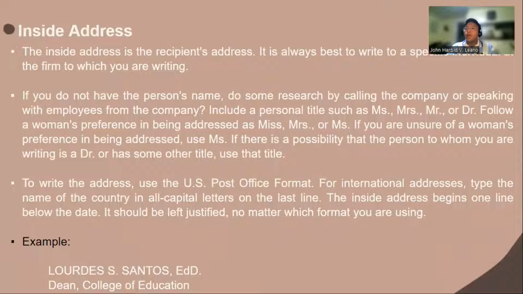The next part of the business letter is the inside address. The inside address, the address of the recipient, is always placed against the left margin, 2 lines below the date line. It contains the name, title, company, street address, city, state, and zip code of the person to whom you are writing. To write the address, use the US Post Office format.